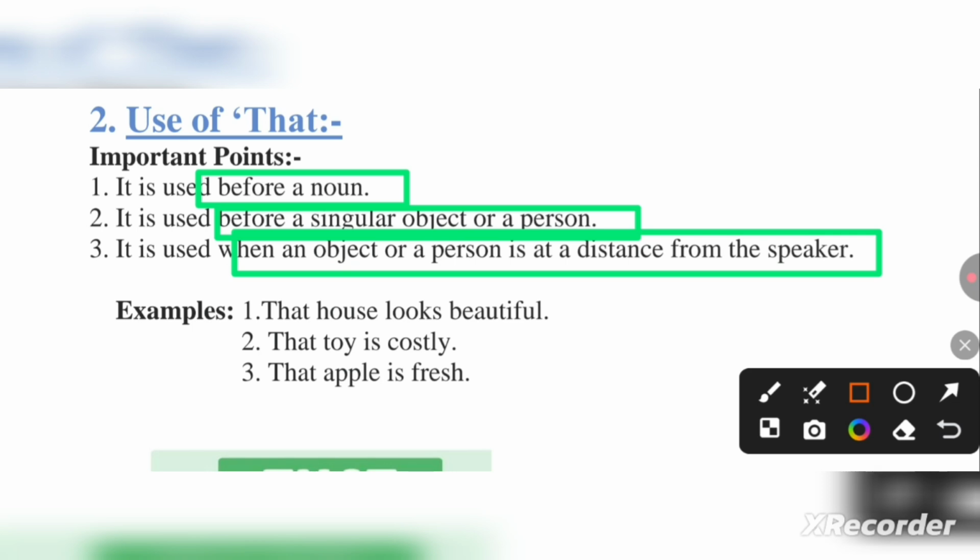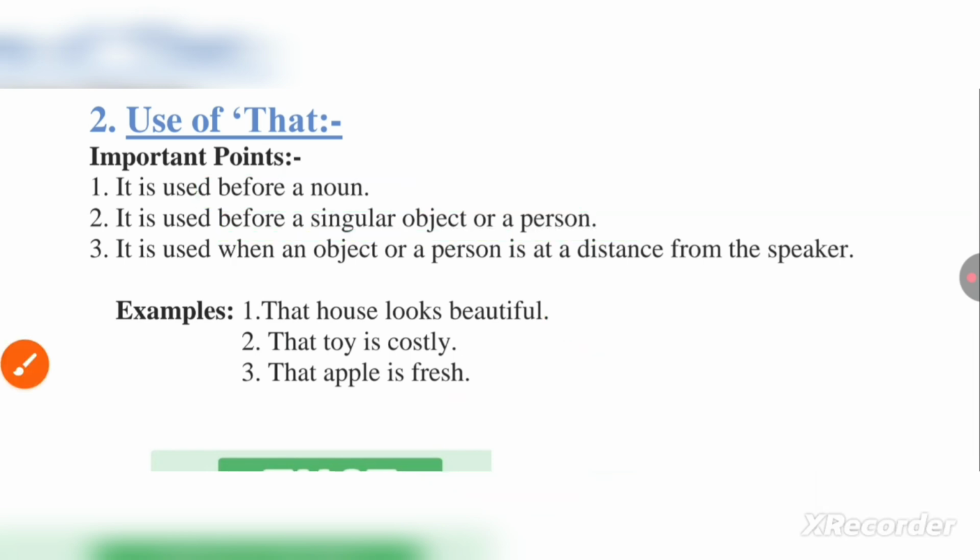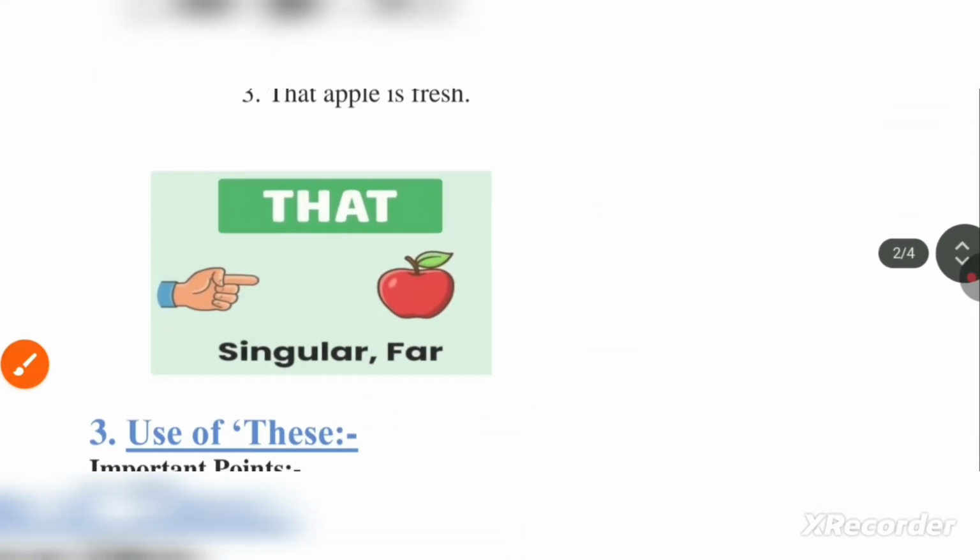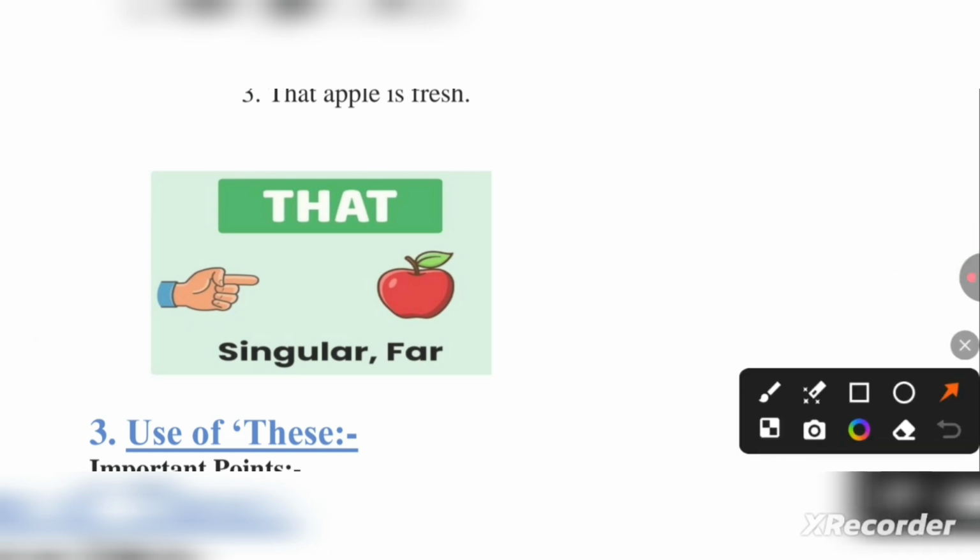Here are some examples. That house looks beautiful. That toy is costly. That apple is fresh. Here, demonstrative determiner that has been used. Here you can see in the image that this apple has been used at some distance from the speaker.